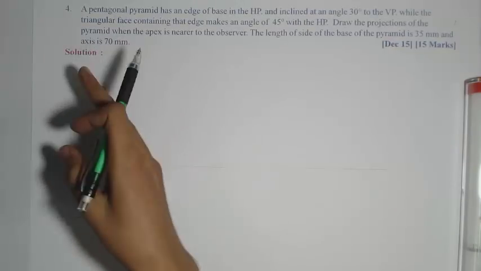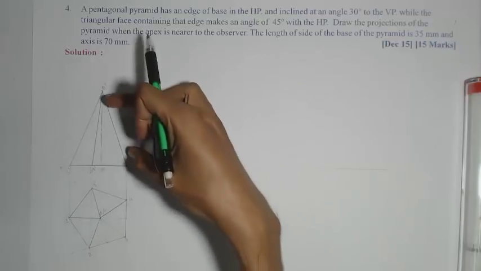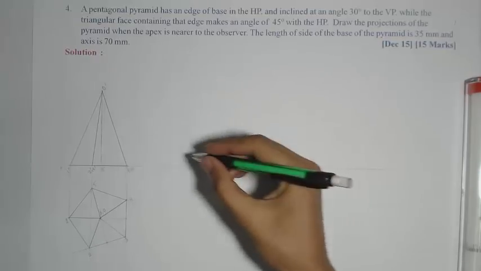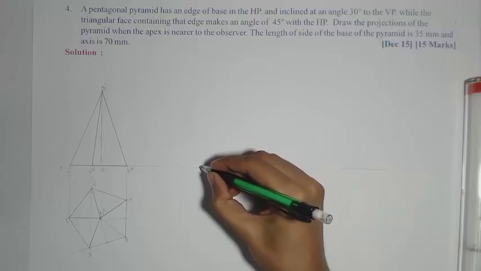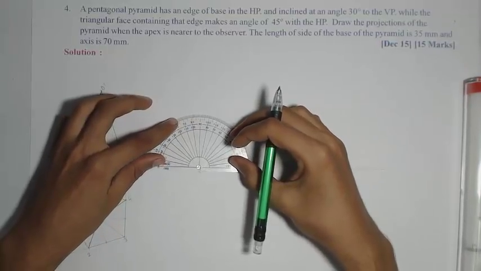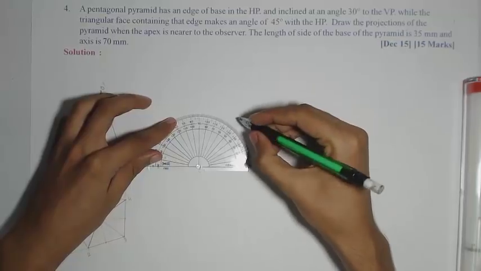So we'll rotate this pyramid on the right hand side such that this will make an angle of 45 degrees with XY. So we'll first fix our point 3 dash, 4 dash here, and with 3 dash and 4 dash we will draw an angle of 45 degrees, and on that inclination we will mark that triangular face.